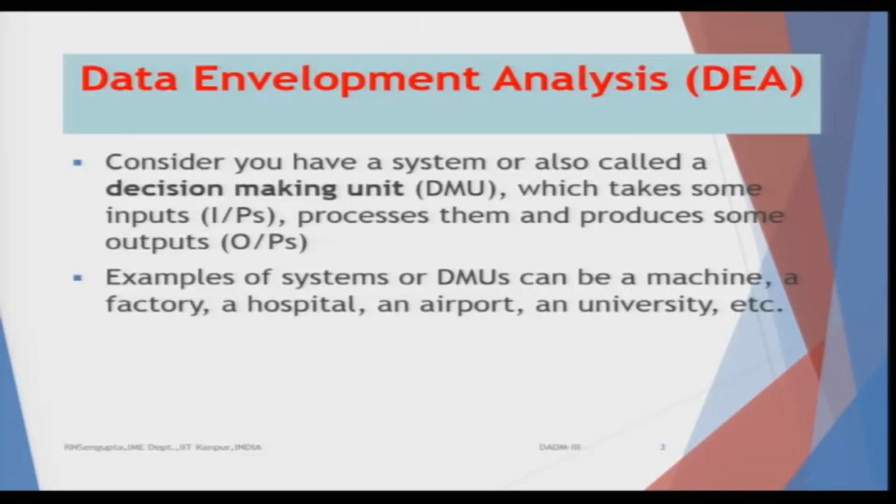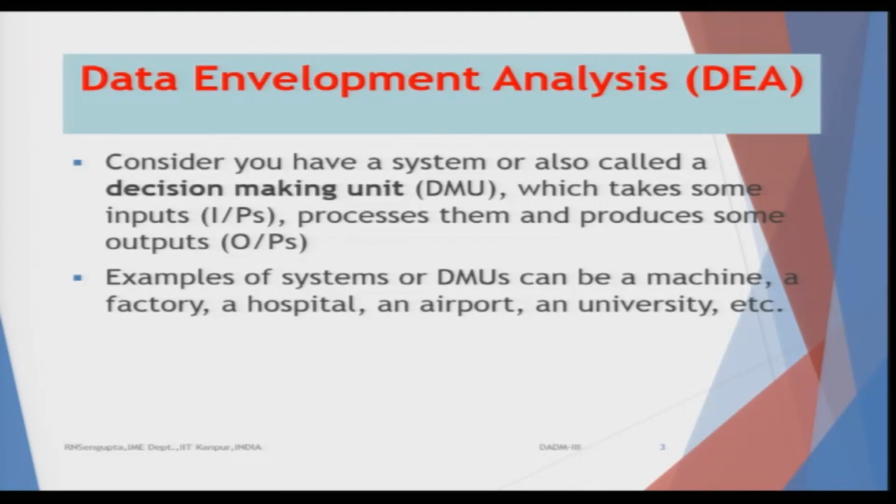Consider you have a system, the so-called decision making units or DMUs, which takes some inputs, a bundle of inputs, and processes them. For a factory, it would be some manufacturing process, such as grinding, shaping, or different types of smithy work.